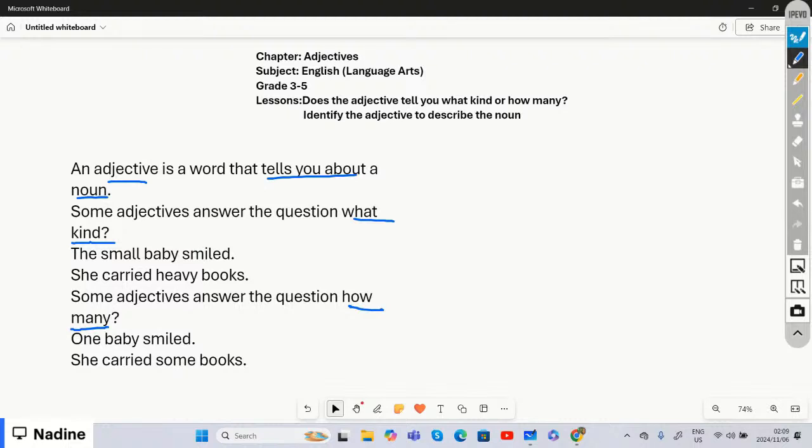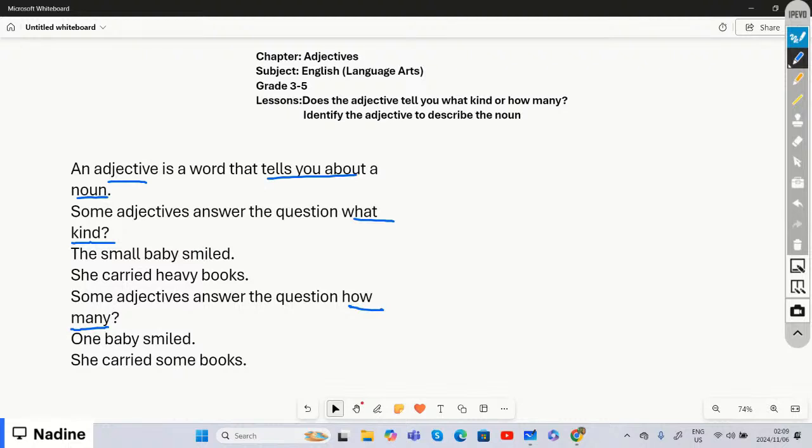So an adjective is a word that tells you about a noun. It describes a noun. We can either say describe, or it tells us, or modifies the noun, but that is an adjective.